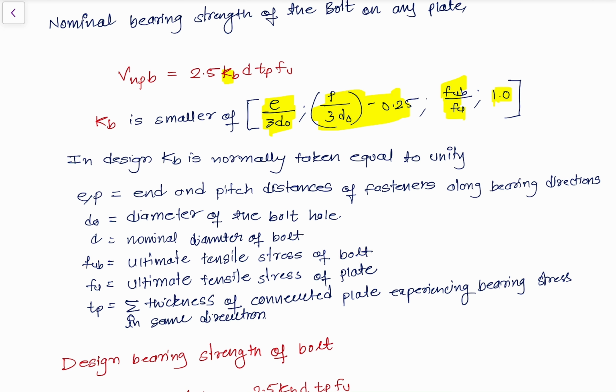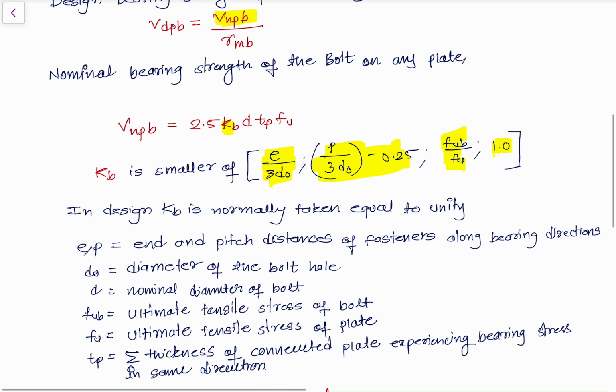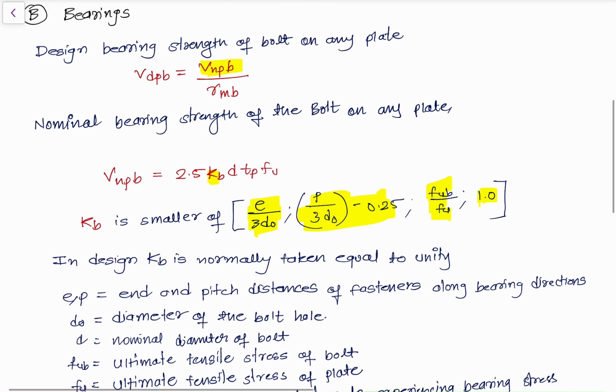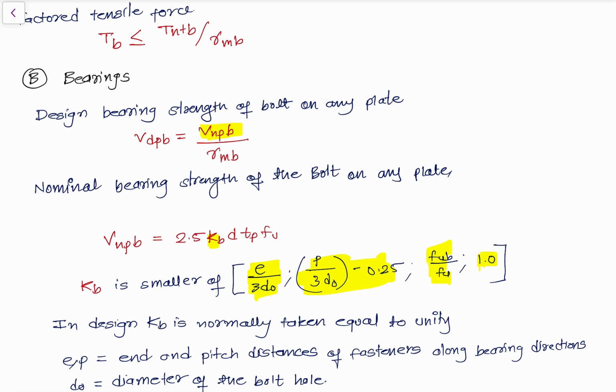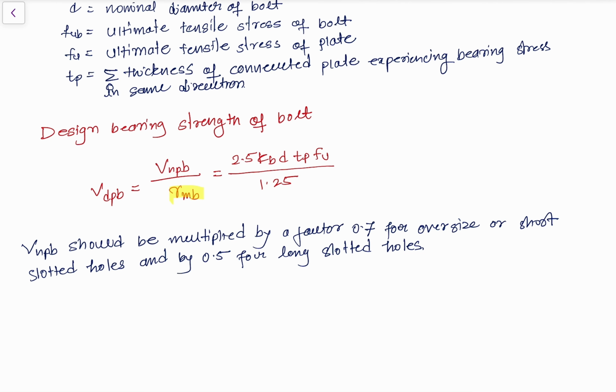Now, the design bearing strength of the bolt is calculated by Vdpb, which is Vnpb upon gamma mb. Once you calculate Vnpb, we need to divide it by the partial safety factor. The partial safety factor for the bolt in bearing is 1.25. Vnpb formula we already discussed at the top.